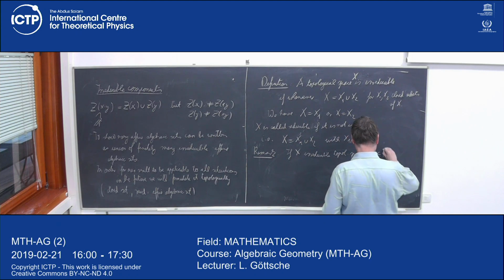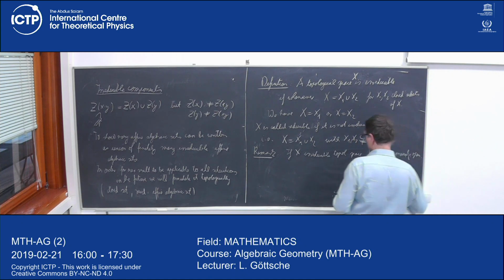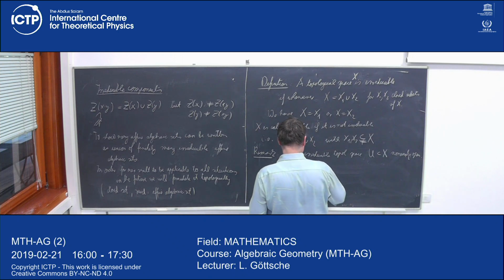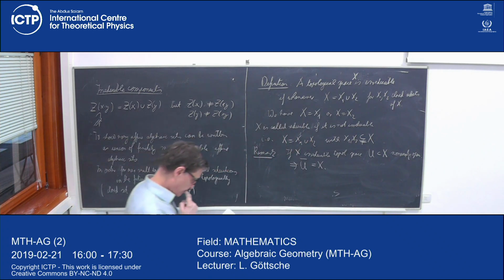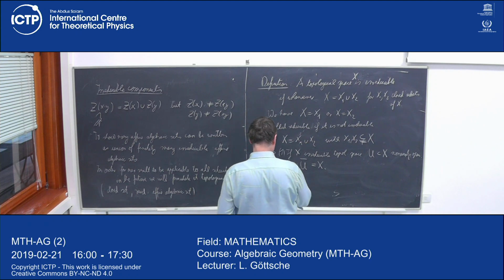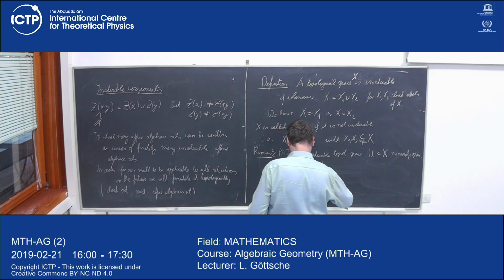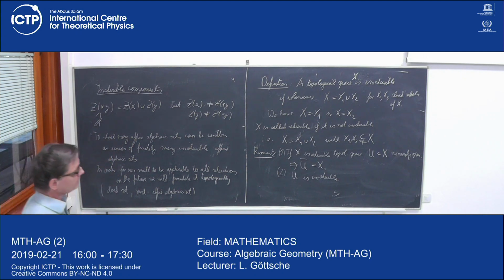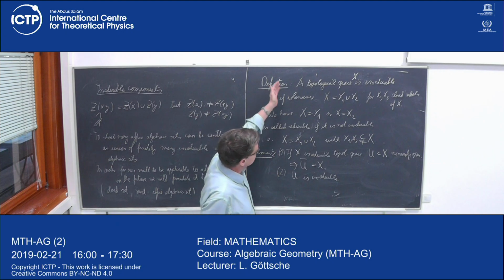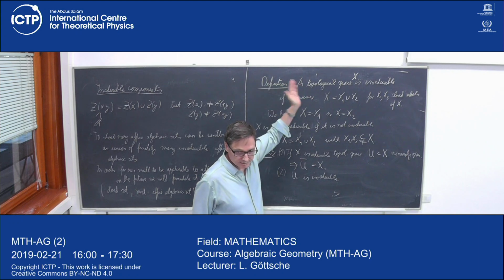So U subset of X, non-empty and open, it follows that the closure of U is equal to X, so U is dense in X. And if you wish, you can also see as an exercise, I will not say it, that U is also irreducible, obviously with the induced topology. Just to make it clear, we say that an affine algebraic set is irreducible if it's irreducible as a topological space with the Zariski topology.